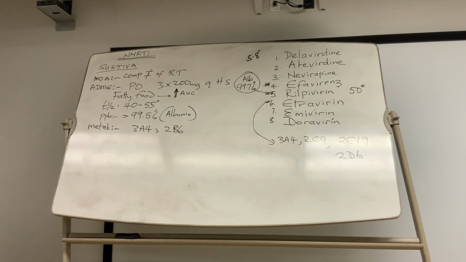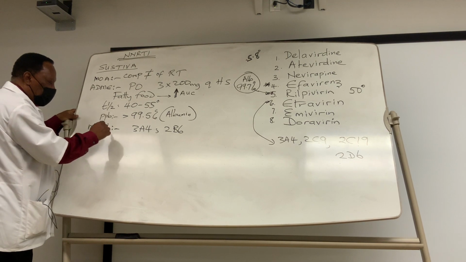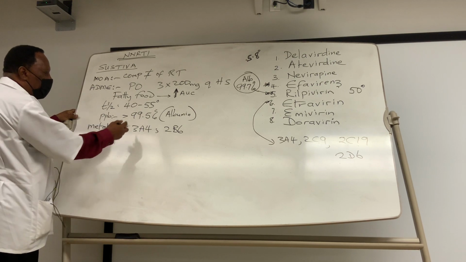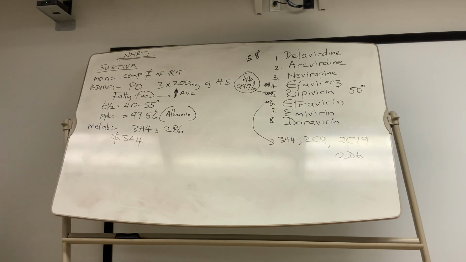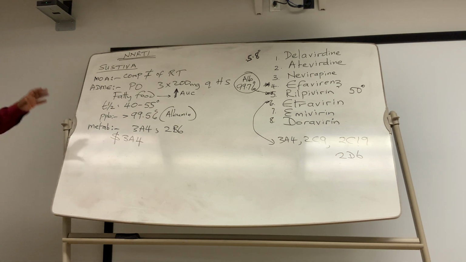And with your Sustiva, you can get a stimulation or induction, if you will, of 3A4. So basically it has that auto-induction property. It induces the enzyme that biotransforms it. Okay, so that's auto-induction that we describe.